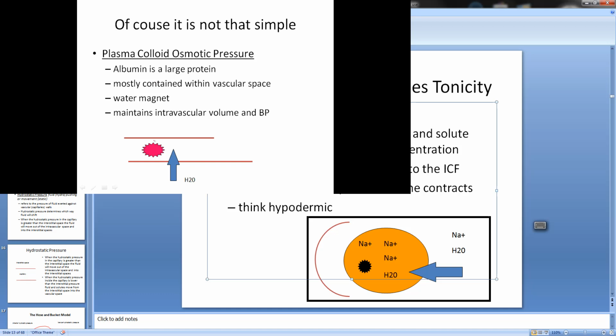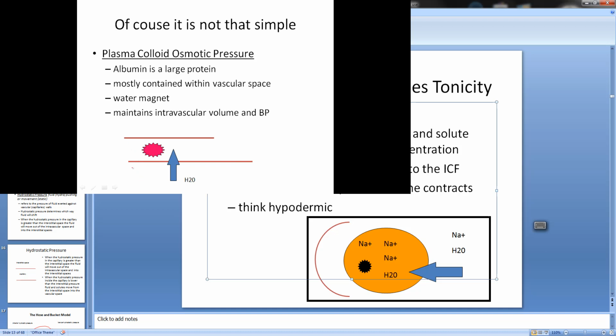Then, within the blood vasculature, we have albumin, which is a large protein. Albumin is like a water magnet. You want albumin to stick to water as it does, and if you do, then you'll maintain your volume pressure here. If you have low levels of albumin in the blood, then you have less vascular pressure because there's less albumin to hold onto the water, and it will actually leak out.